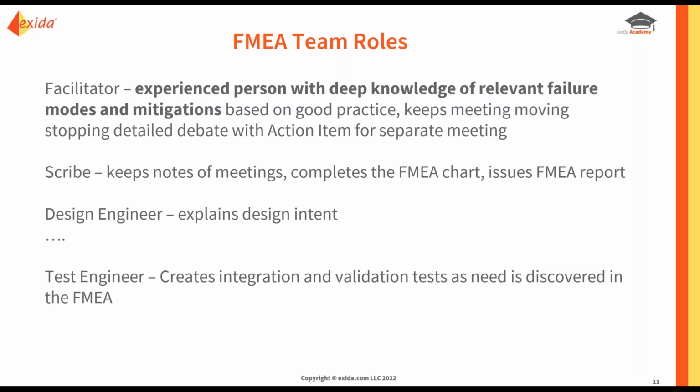But at minimum, in a conventional FMEA, you need a facilitator. An ideal facilitator is kind of a rude person who pushes you along to get things done, but that person must be highly experienced and have a deep knowledge of relevant failure modes and useful mitigation techniques.